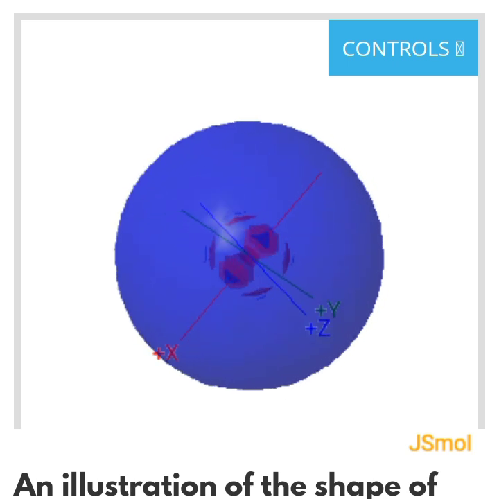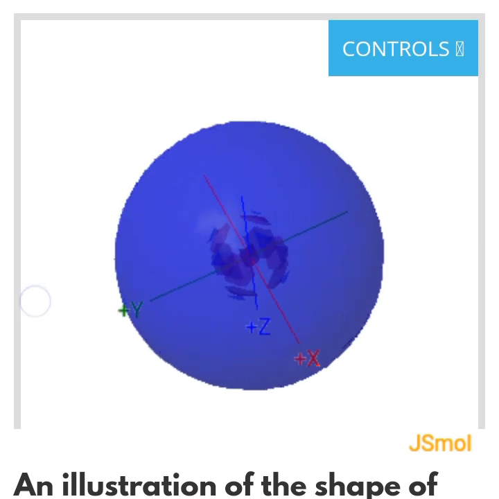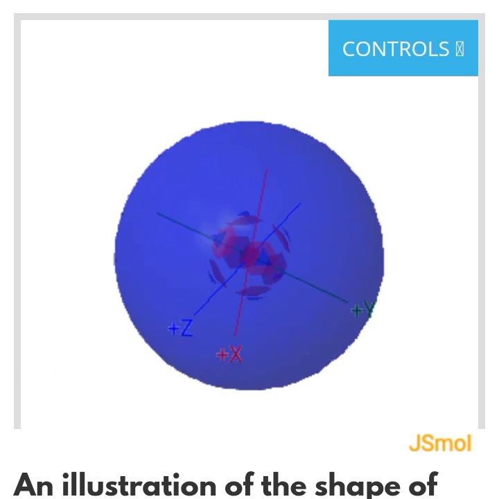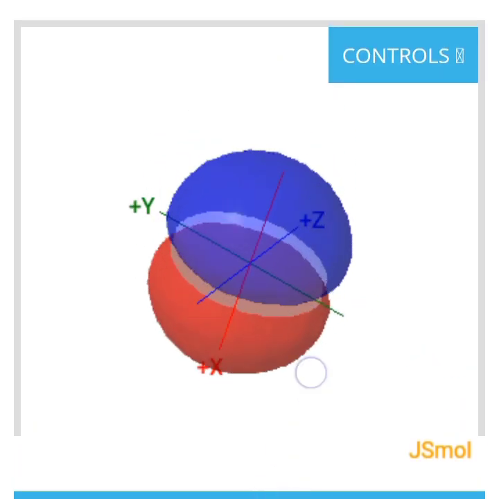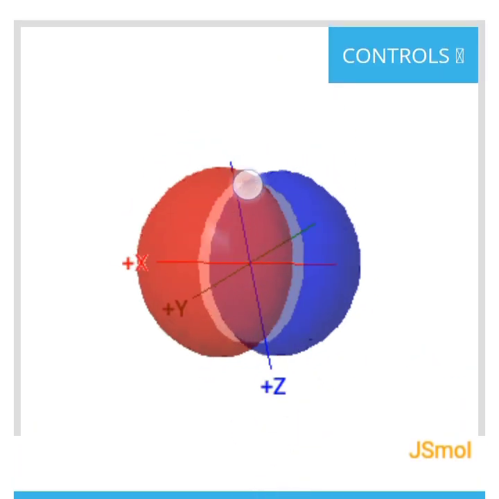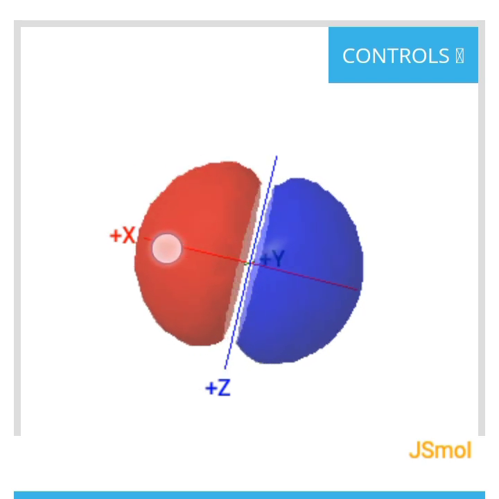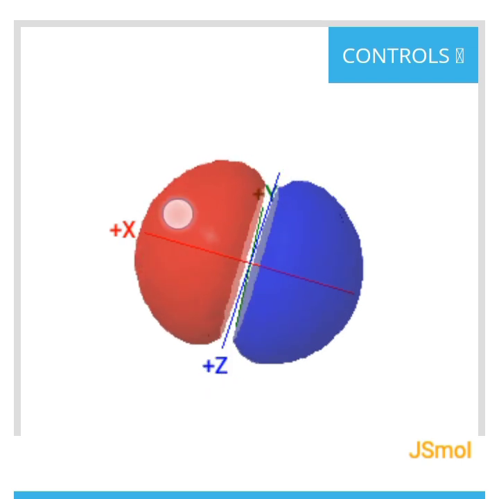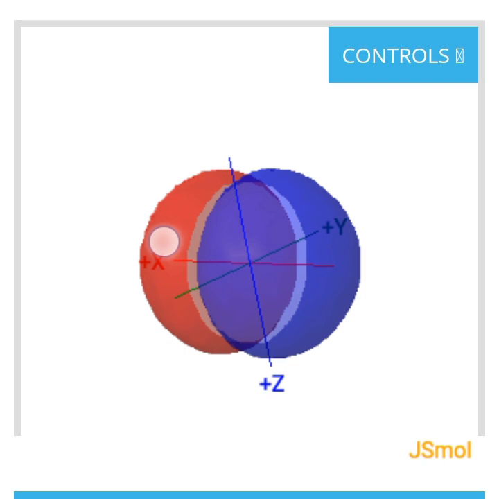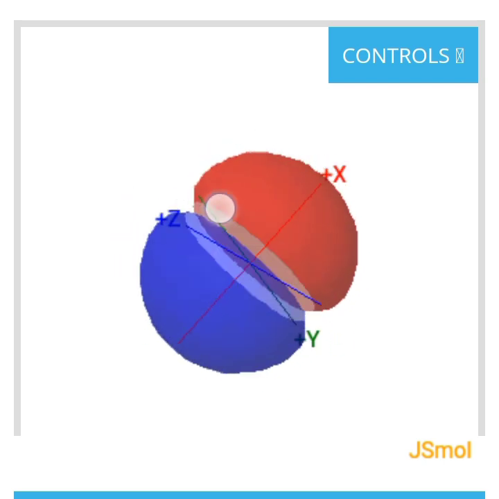Now I want to discuss another type of orbital, called the p orbital. The p orbital has two lobes and a dumbbell-like shape. This vacant region is called the node, and these two lobes are called the lobes of the orbital.